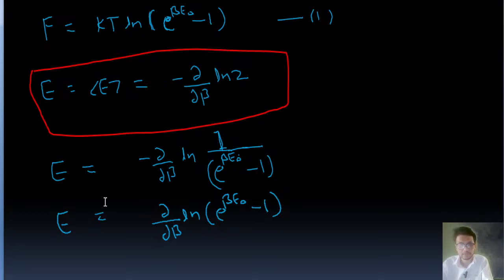Now we'll differentiate it with respect to beta.